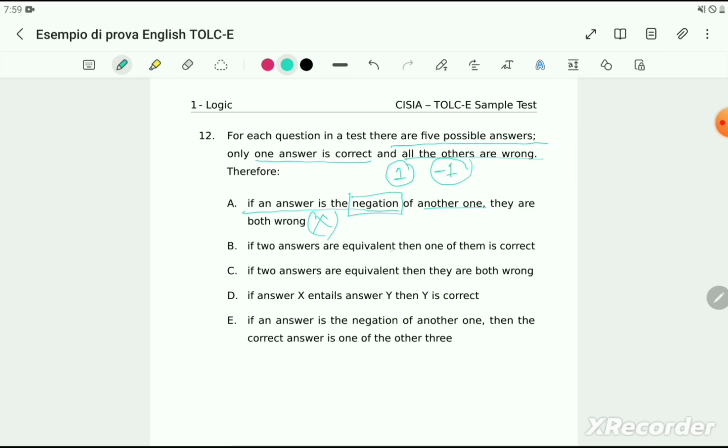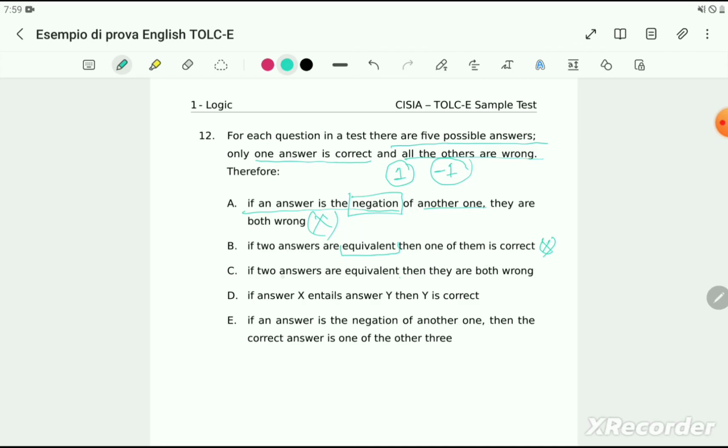If 2 answers are equivalent, then one of them is correct. So equivalent means equal. One of them is correct. Can we say that? No, it doesn't link because they are equivalent. But what about the other three? There could be any right answer, so we cannot just say like that. If two answers are equivalent, then they are both wrong.